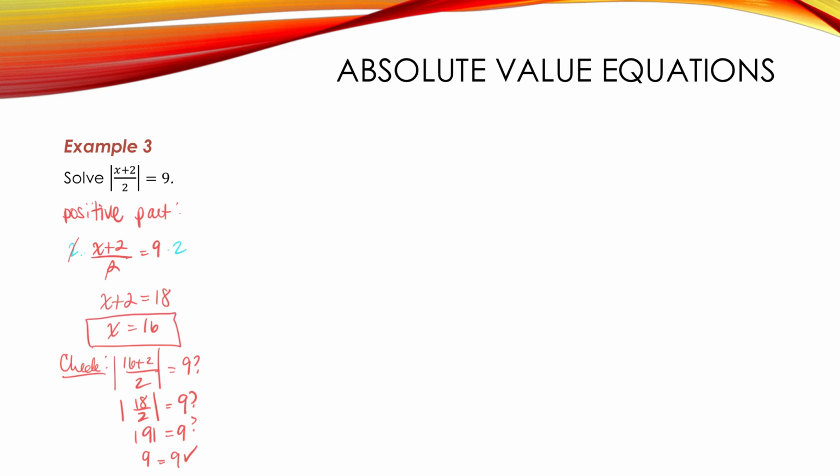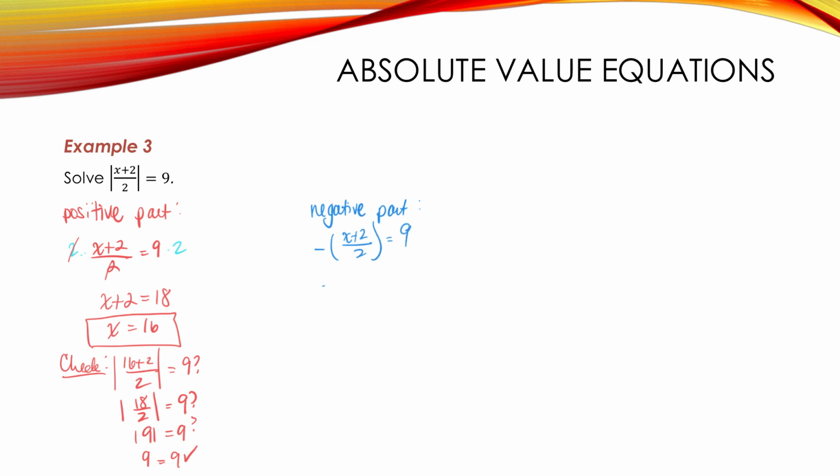Now let's do the same thing with our negative part and see if we also get a solution. For the negative part of our function, we would multiply it by a negative. So negative times x plus 2 all over 2 equals 9.